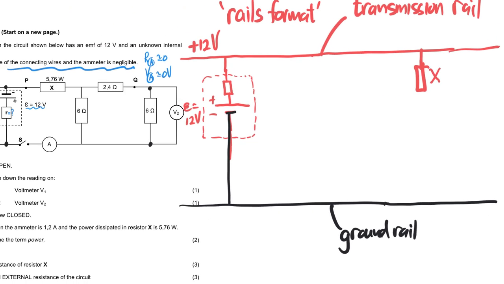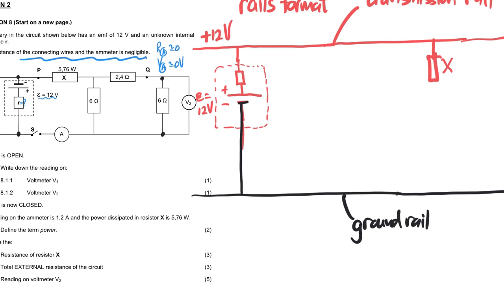And then at this point, the current will split. So that immediately tells us that that part of the circuit's in parallel. So therefore what I do now is I say, okay, on the left we're going to have 6 ohms.